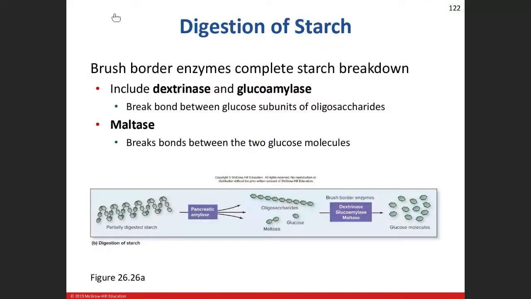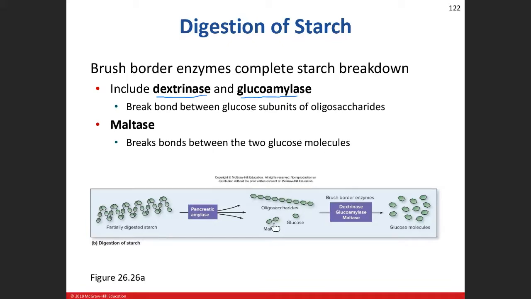Brush border enzymes. The brush border enzymes are going to finish the job. There are two here, dextrinase and glucoamylase. So what will that do? You can see on our little chart here, partially digested starch undergoes pancreatic amylase. Here are our three options. We have an oligosaccharide, which is a bunch of glucose molecules strung together.